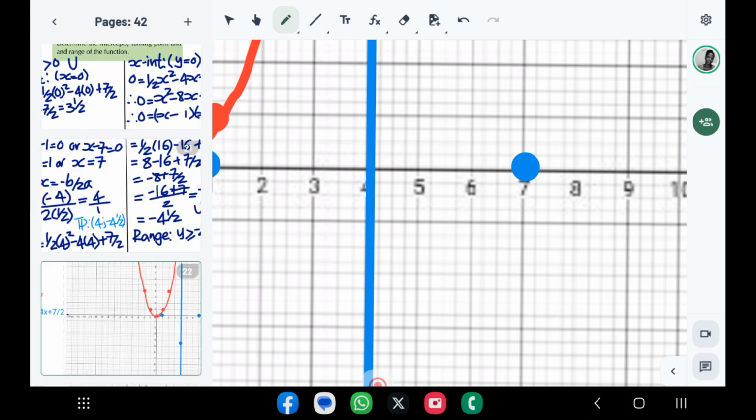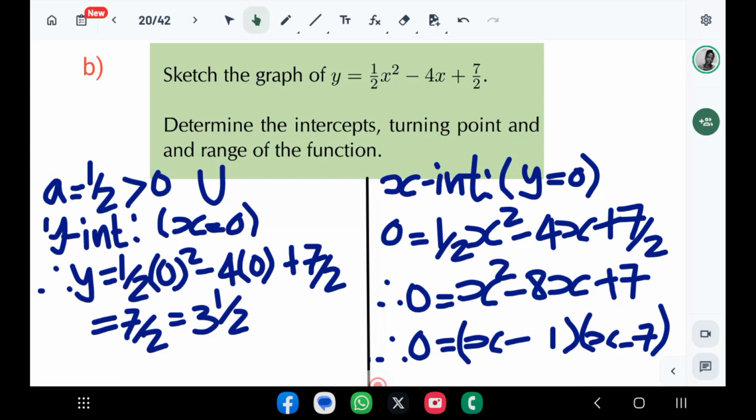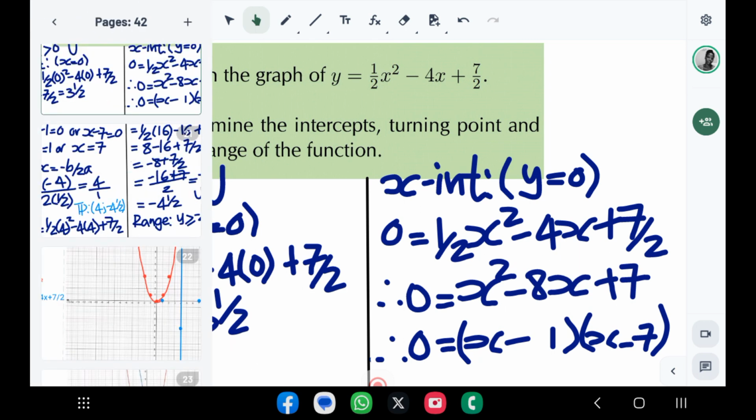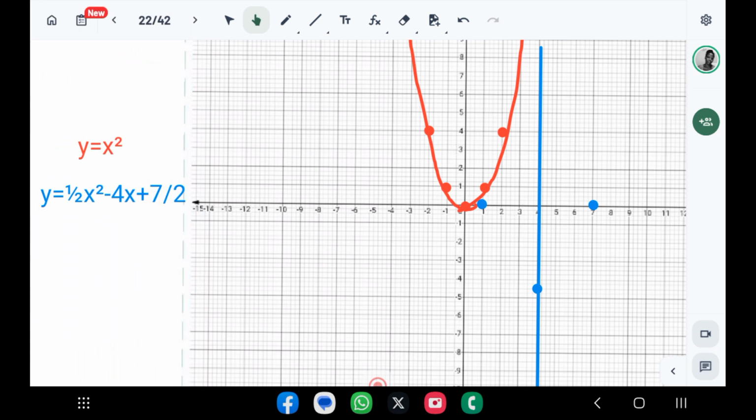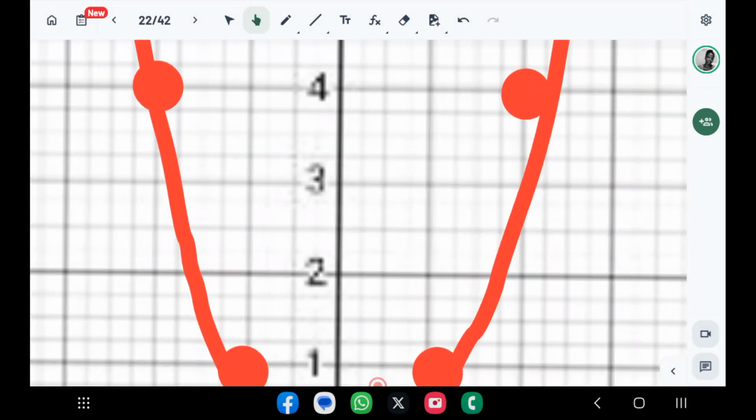The y-intercept for this one is 3.5. Let's go back to that page. The y-intercept is 3.5. Let's look for 3.5. There is 3.5. Now let's join the points together.